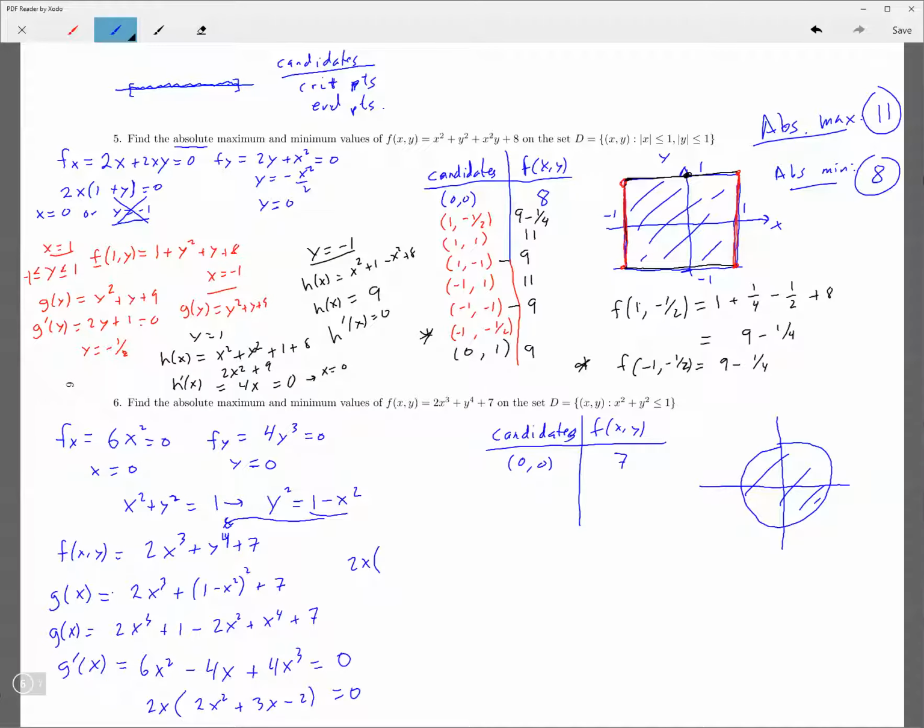Can that inside factor? Like that, maybe? I think so.